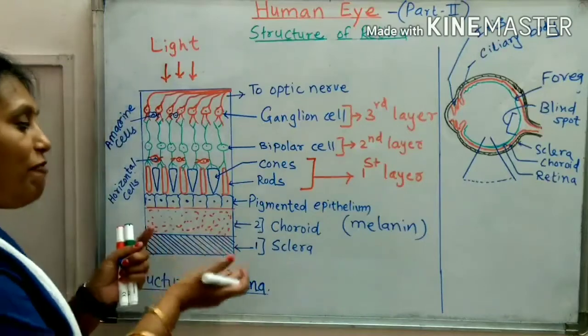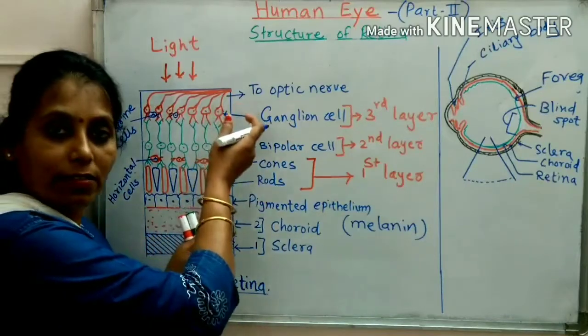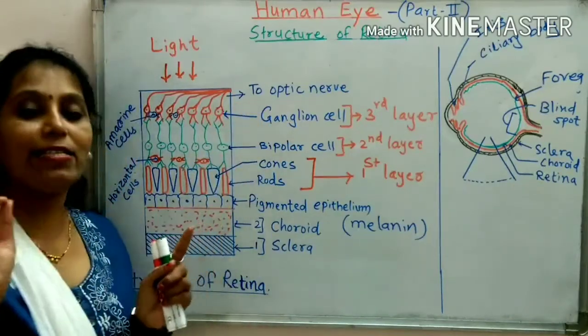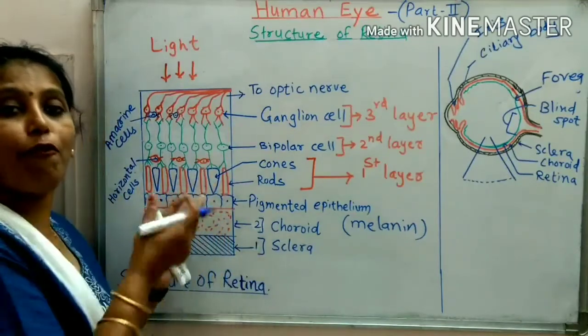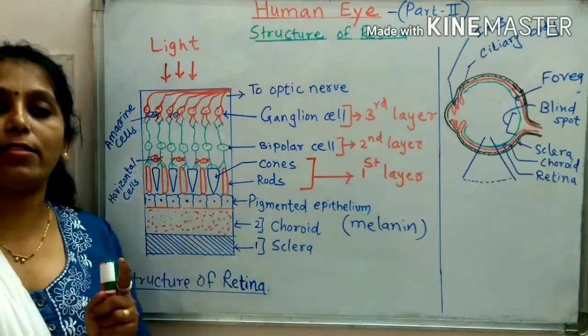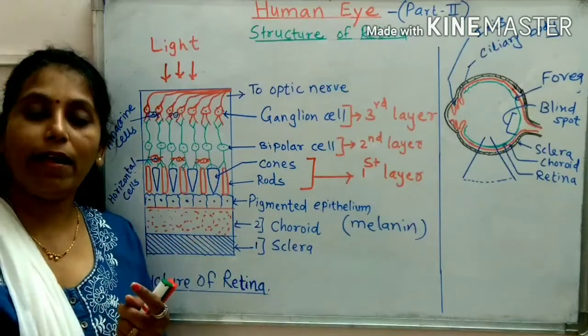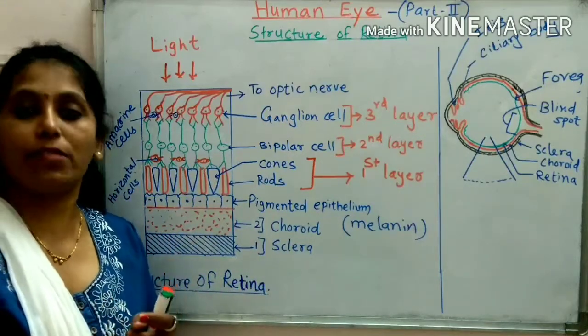Now we will come to the layers. This retina has three layers. The first layer is of photoreceptor cells. Photo means light and receptor means which receives.